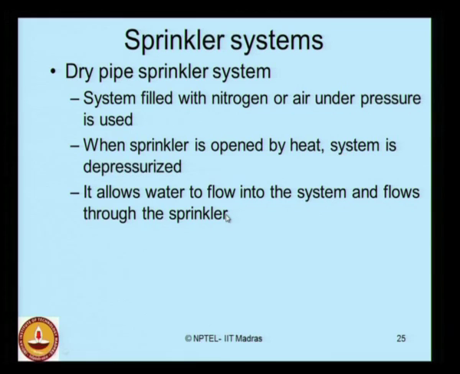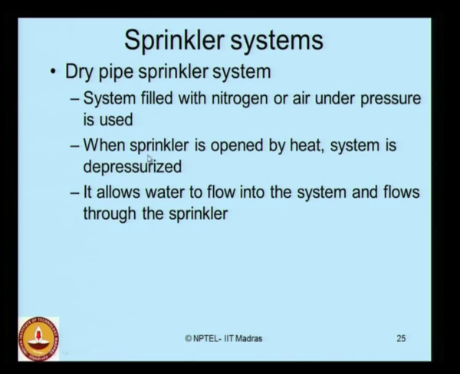You may wonder why the nitrogen should be filled up in the dry pipe. If the dry pipe is left hollow or free for a longer duration, then there can be what we call air locking in the pipe system, which may not allow water to enter when the sprinklers are open. Therefore, the dry pipe system should have nitrogen or air filled in the system under pressure.